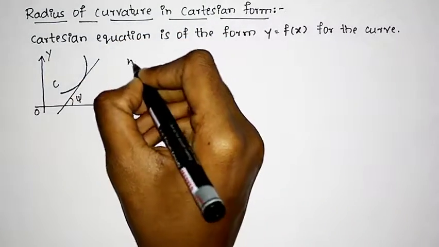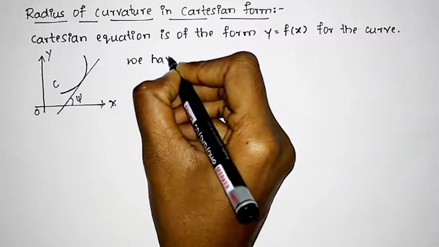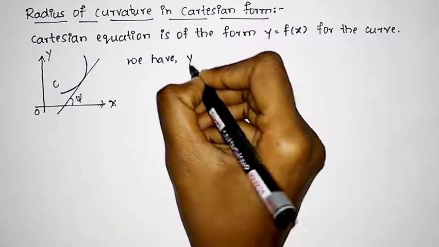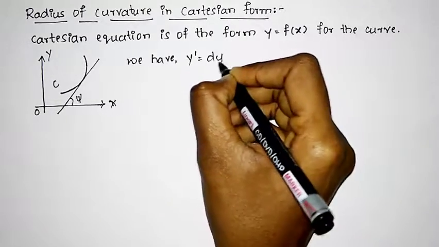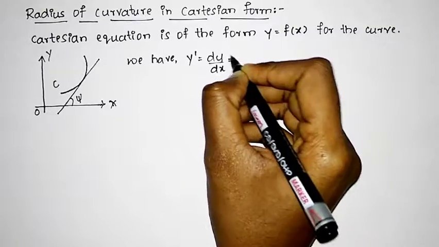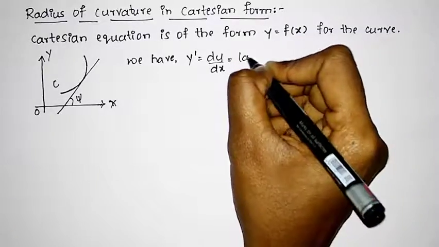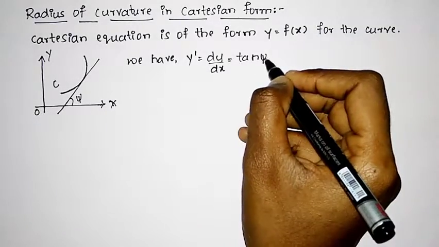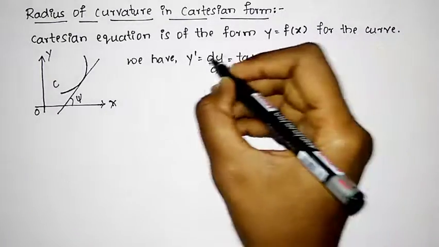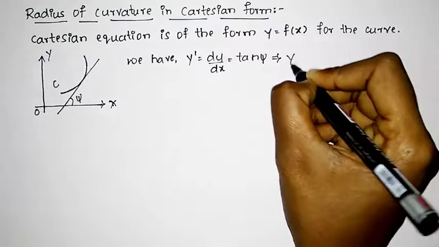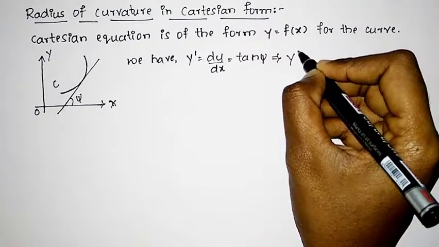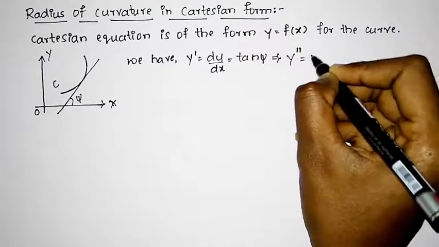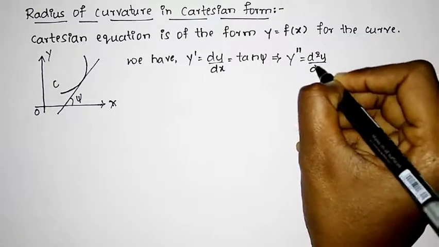The first thing is that y dash, which is dy by dx, is nothing but tan phi. Similarly, for the second order differentiation, y double dash is equal to d square y upon dx square.